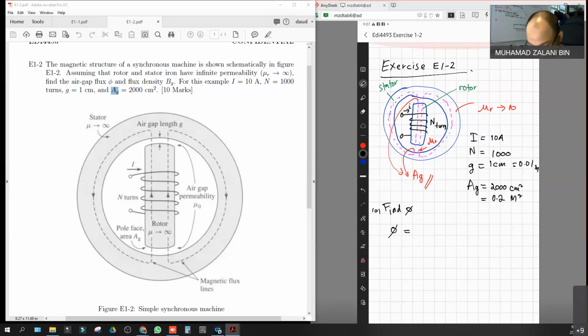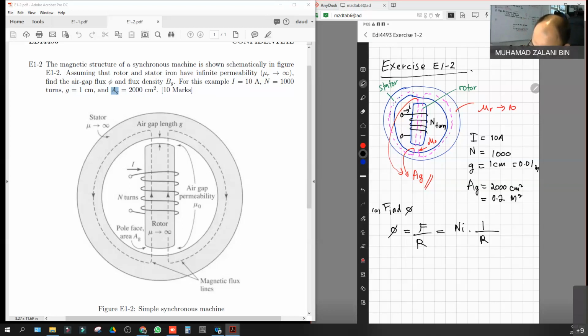So we use the equation for phi. You know that phi is F divided by R, and F is Ni. So I rearrange it like that.